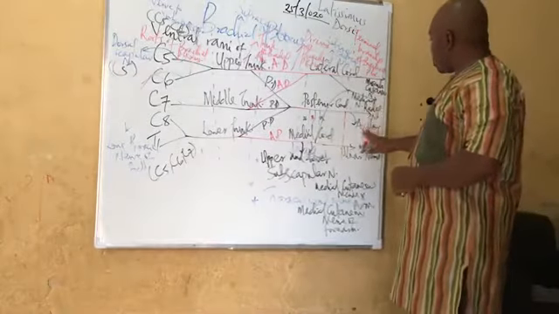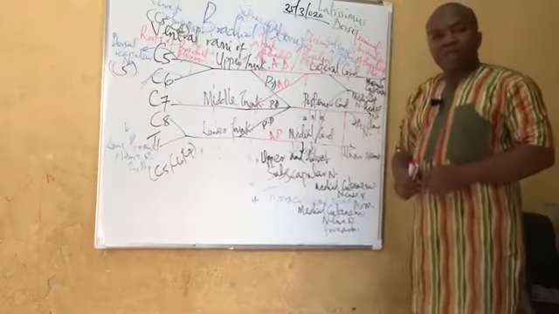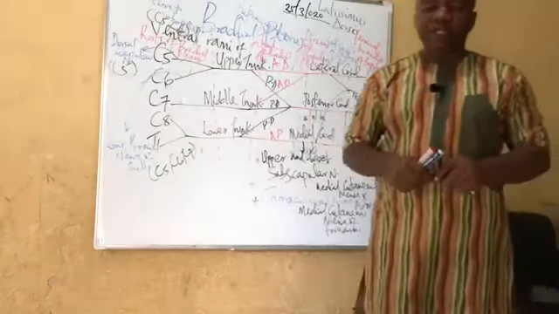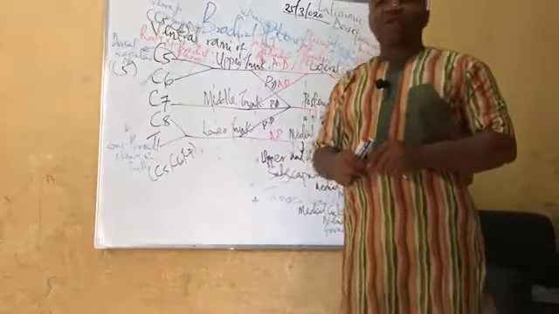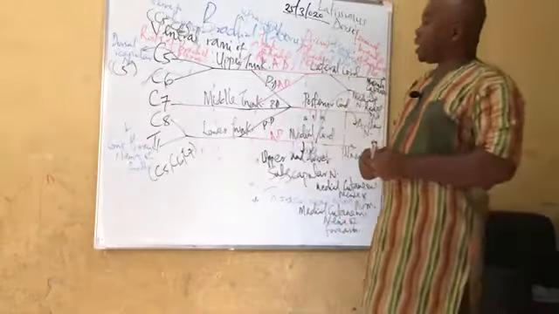Then you move to the median nerve. The median nerve does not give any innervation to the arm. Rather, it gives all its innervation in the forearm downwards to the hand.